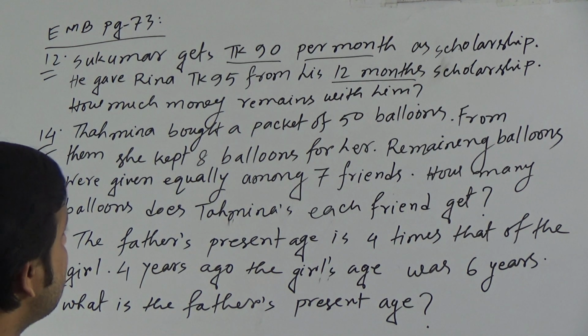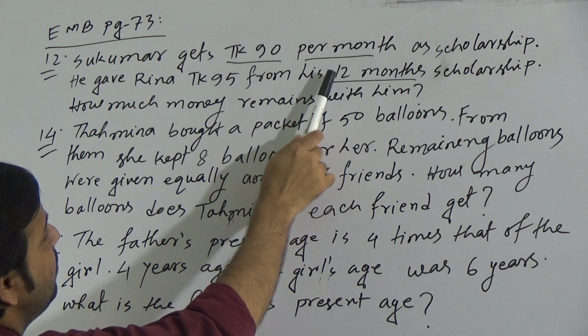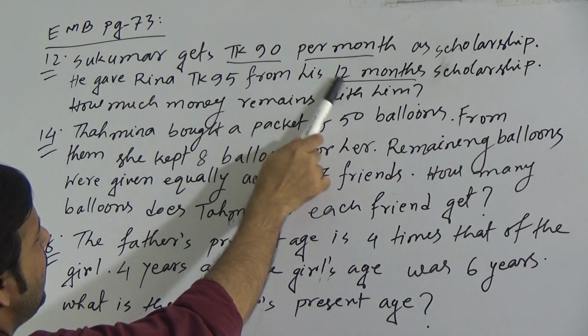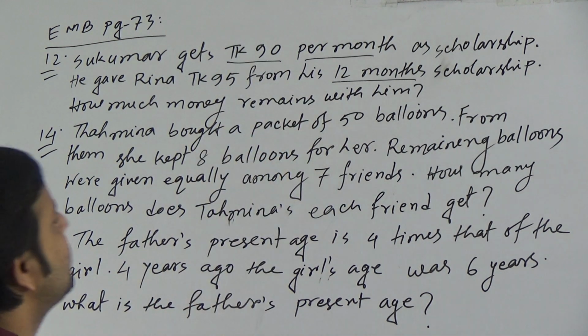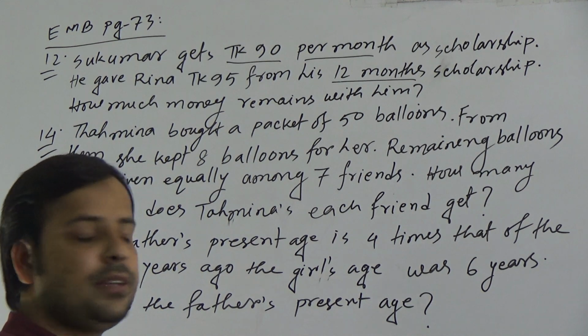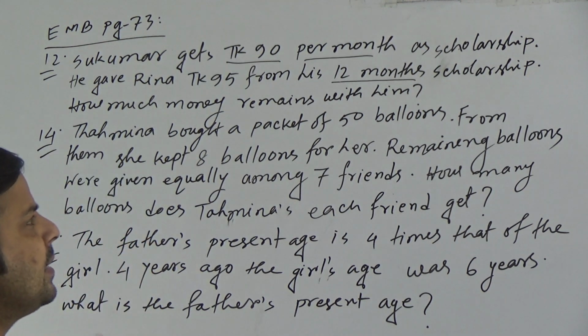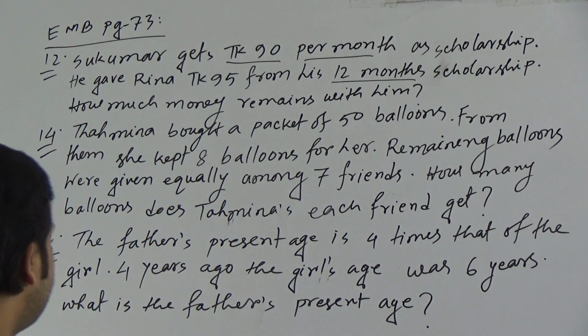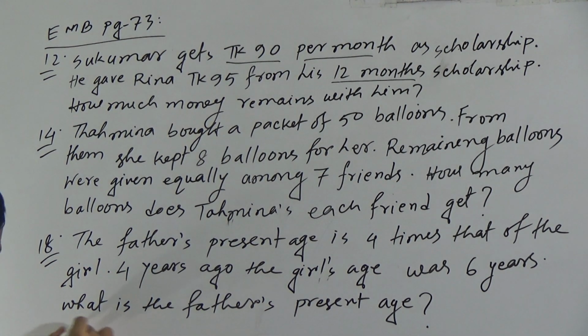And it means that after finding out the money of 12 months of Shukumar, then we have to subtract 95. If we subtract 95, then we will get the remaining money. That will be our answer. So we can write the solution.